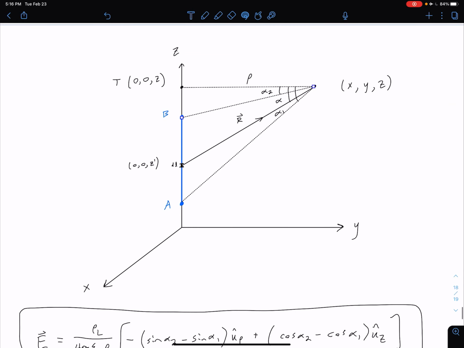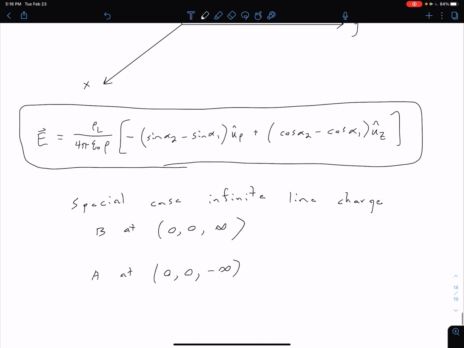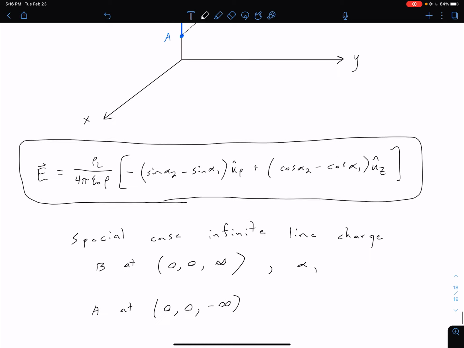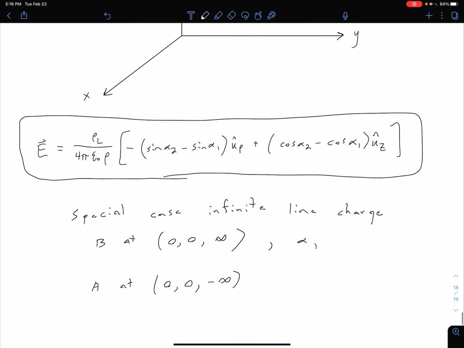Similarly, as our A point is going down here, that alpha 1 angle is getting larger and larger, and eventually it's going to approach pi halves as that A point goes to 0, 0, negative infinity. So we can come down here and say that this corresponds to alpha 1. Sorry, let me make sure I get these in the right one. So our B point is for alpha 2, which is going to be negative pi halves, and our A point is alpha 1, which is going to be pi halves.